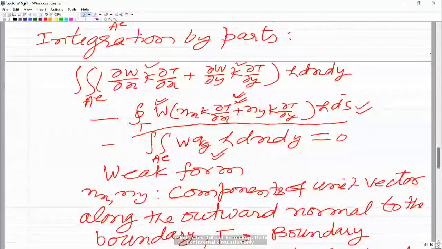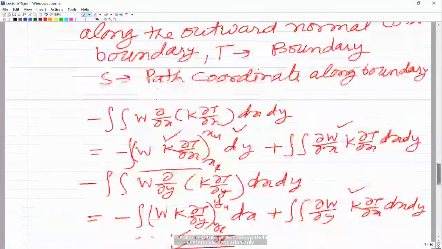you will get half k into del T by del x whole square, and from this you will get half k into del T by del y whole square. In the boundary integral, delta will simply go, so we will have T into Qn, and this will simply become T into Qg, the way we did for the 1D problem.